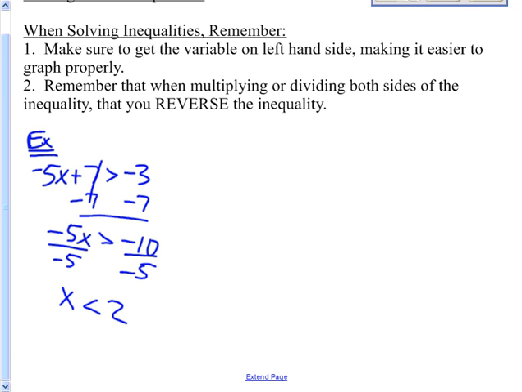Because let's think about it. Let's say you did not reverse it. So supposedly your answer was x is greater than 2, right? So supposedly 3, because 3 is greater than 2, 3 is an answer.